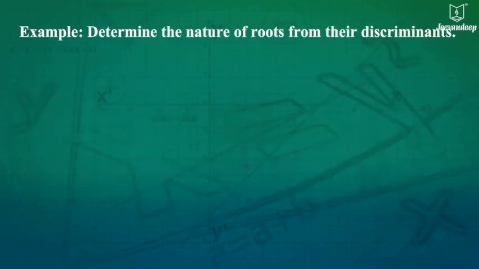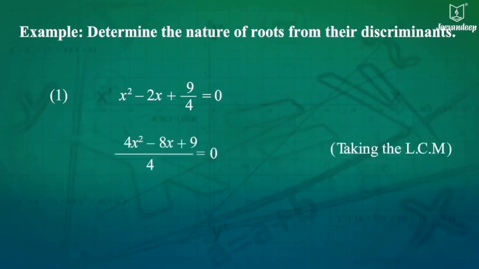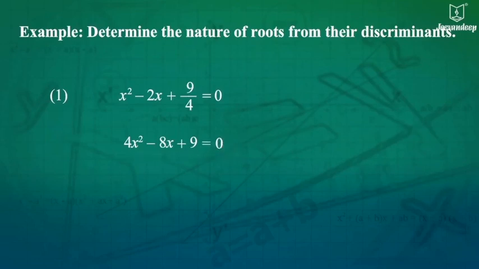Example: determine the nature of roots from their discriminants. 1. x² - 2x + 9/4 = 0. This gives 4x² - 8x + 9 = 0.